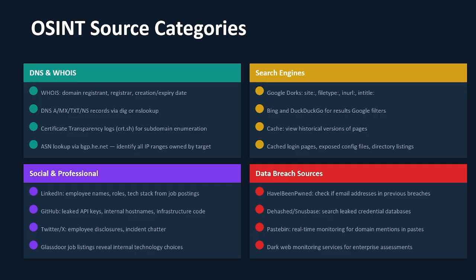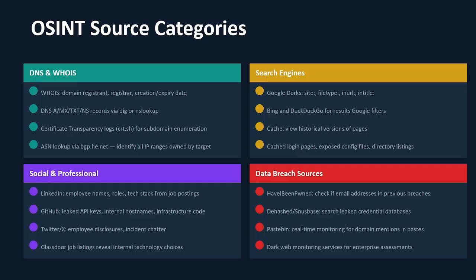And so cached pages may have config files or may have other information which could be relevant to a particular penetration testing. Social and professional. So LinkedIn, you can look for employees based off of the names or businesses, roles, text out from job postings, things of that nature.